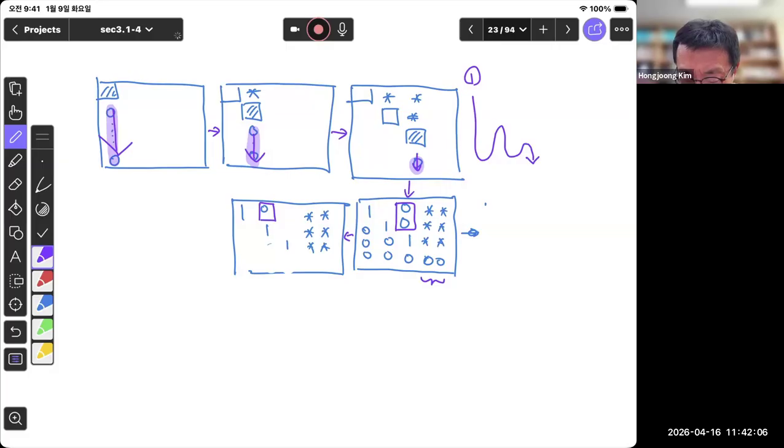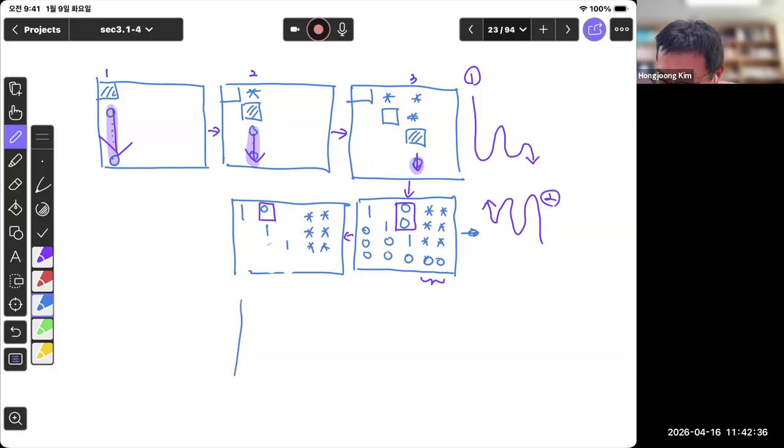Previously, I considered the first column, then the second column, then the third column. But now, when I change the values, I cleared from the third column, then the second column, then the first column. So I considered this direction. So that is the second stage.